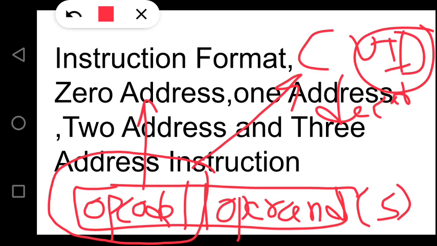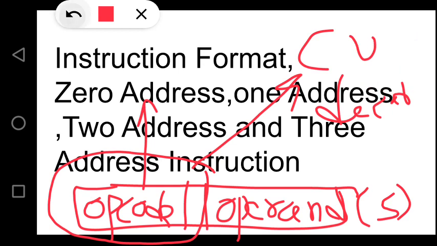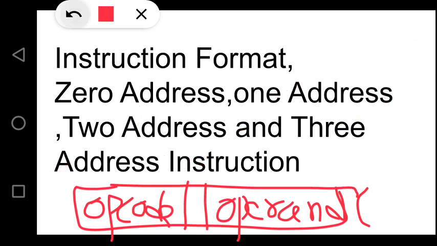This is really important to understand. Why does the control unit fetch an opcode? Because, as I mentioned earlier, the instruction contains two parts, opcode and operands. The opcode contains what operation is required to perform in this instruction.